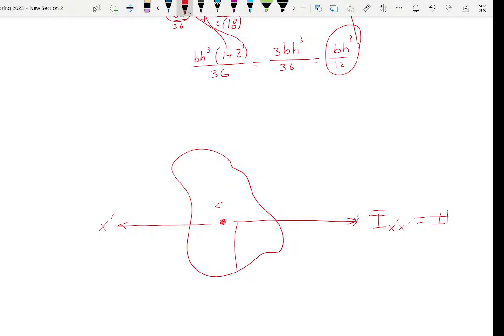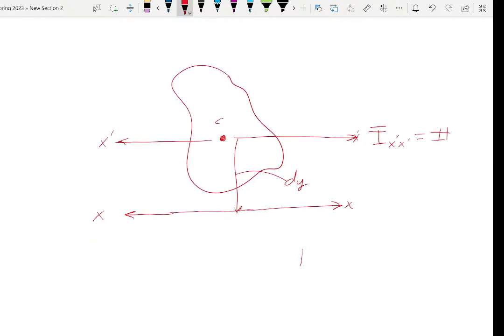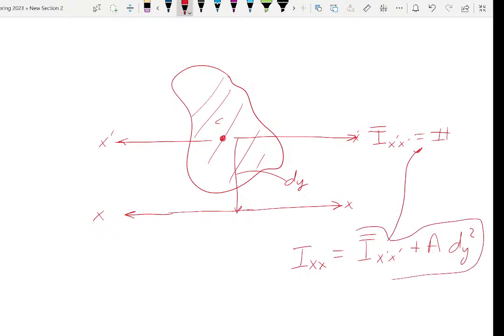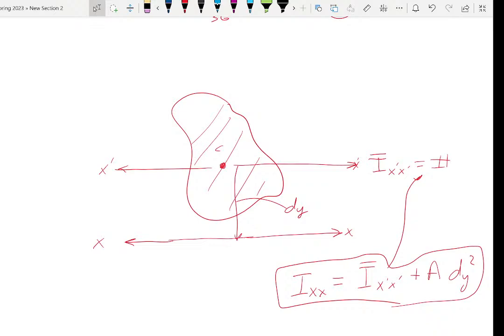And then I decide to move it around here to some distance dy away, and I want to find its second moment of area about that. So if I want to find that, I take the one that is about the centroid, which is this number, whatever, and I add the area of this whole thing times the distance dy moved squared, and that's it. That is actually what that term is. And so it's just that simple.